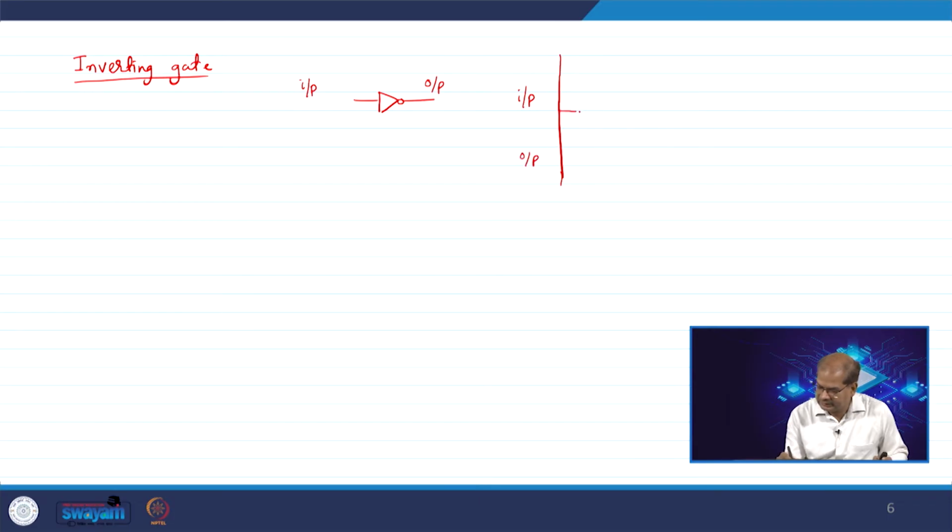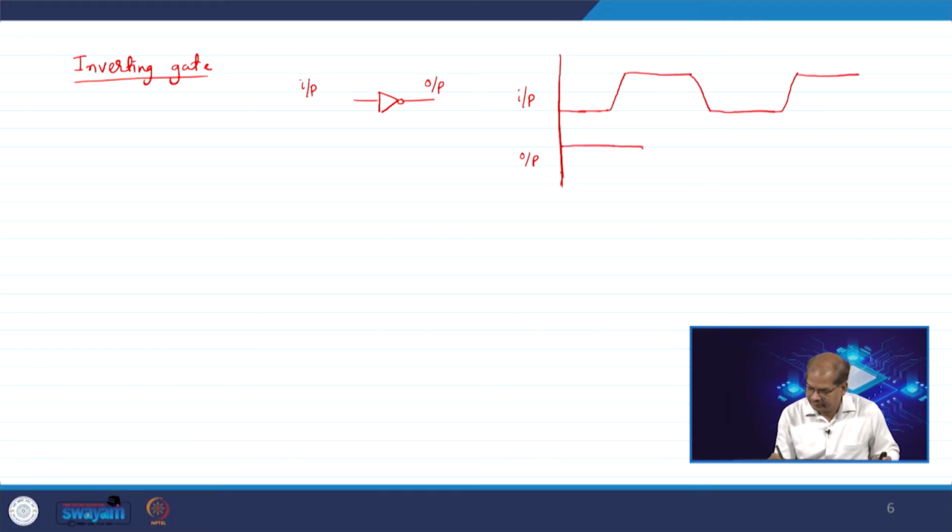Let us say the input signal is doing a transition like this. Now my output is doing a transition like this. It will create some delay like this.